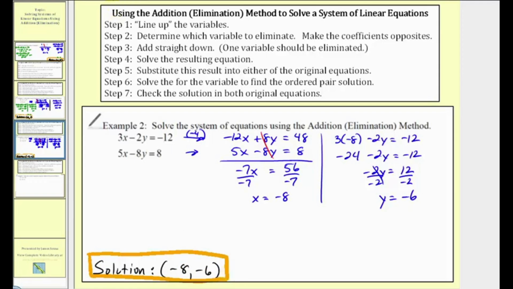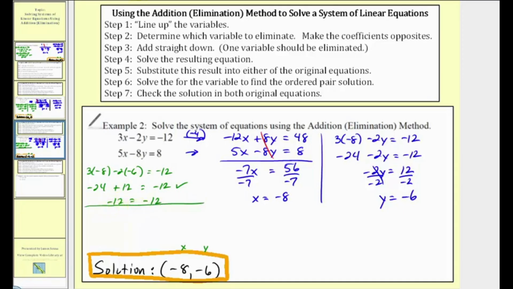Let's verify our solution. So we'll substitute negative 8 for x and negative 6 for y. So in the first equation, we have 3 times negative 8 minus 2 times negative 6 equals negative 12. So we have negative 24 plus 12 equals negative 12, which checks. Negative 12 equals negative 12.